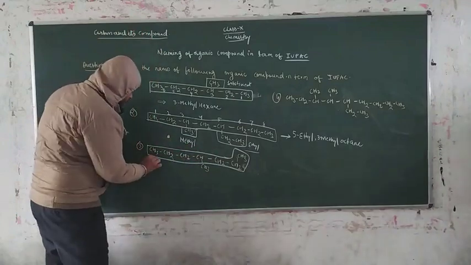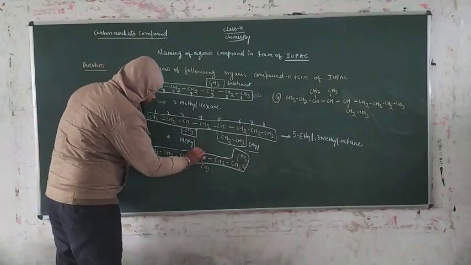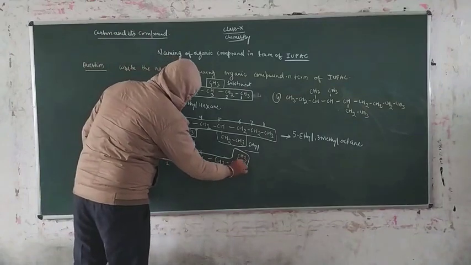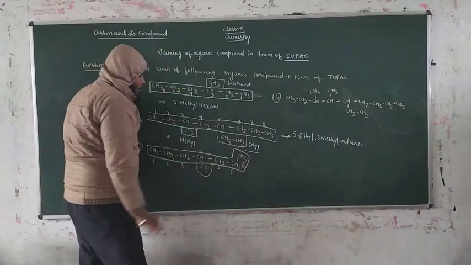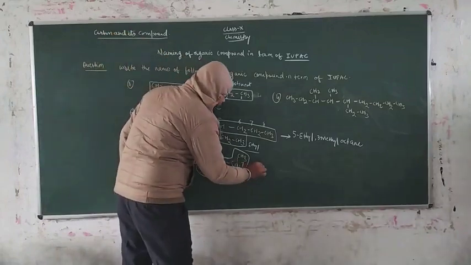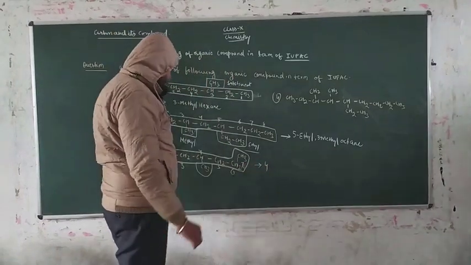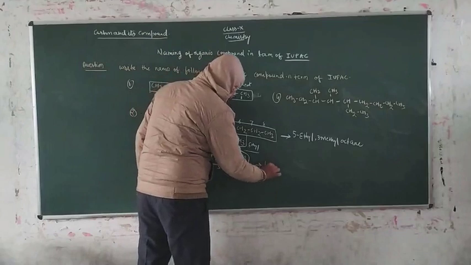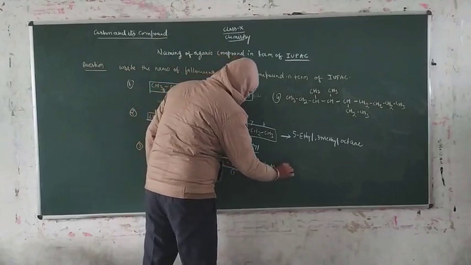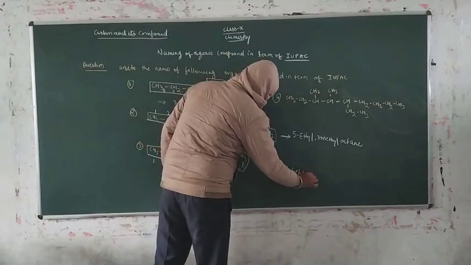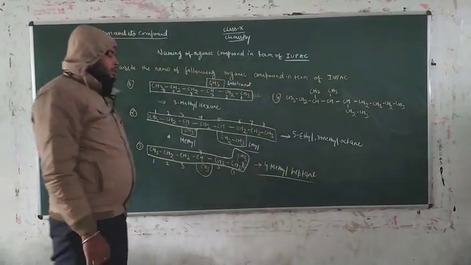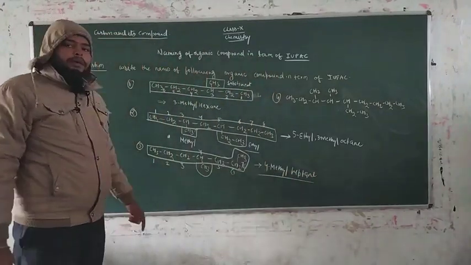For this configuration I write 1, 2, 3, 4, 5, 6, 7. The position of the substituent is at position 4, so you write 4-methylheptane. That means the name of this organic compound is 4-methylheptane.